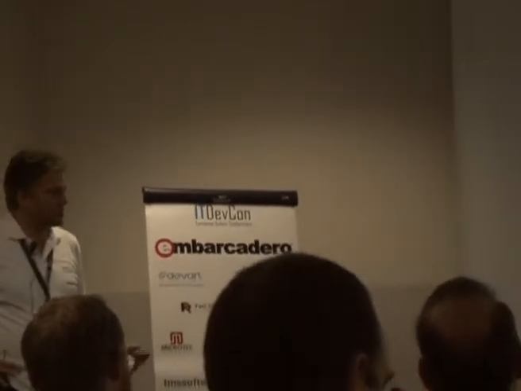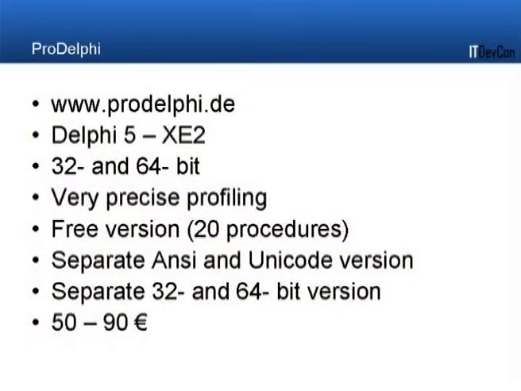It's not very expensive, but what's interesting, there's a separate ANSI and a separate Unicode version, and also separate 32-bit and 64-bit versions. So if you have to measure all those combinations, you need 4 profilers. In reality, you have to buy 4 profilers.